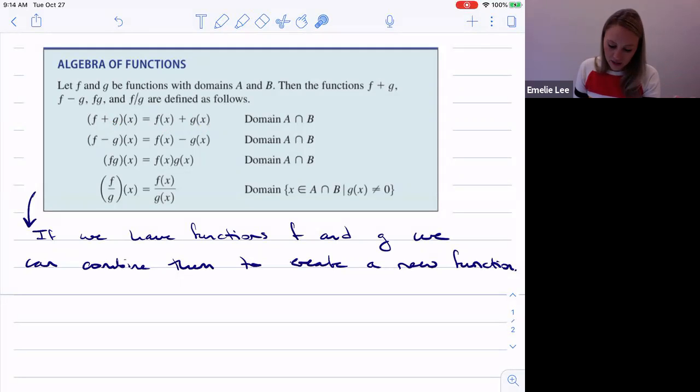Now the thing is, they have a domain, right? Because f is going to have some domain, so some possible inputs, and then g is going to have some domain. But really, the domain of f plus g can only be the shared space, right? So it's the overlap of the two domains.